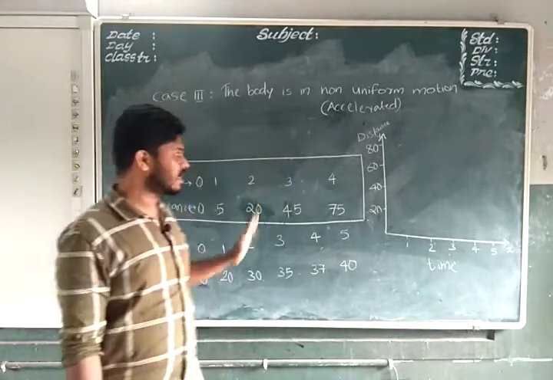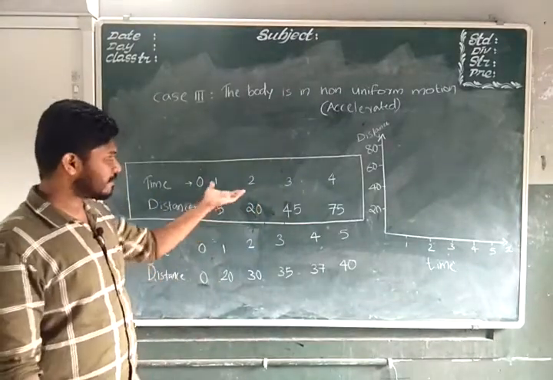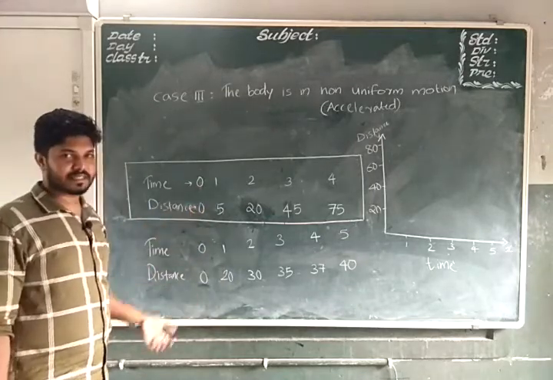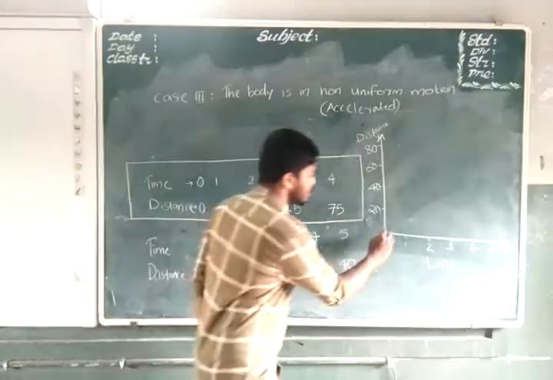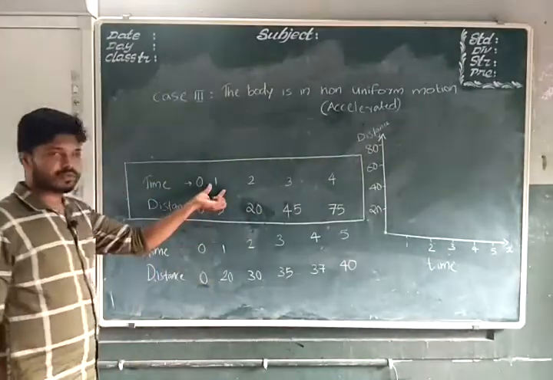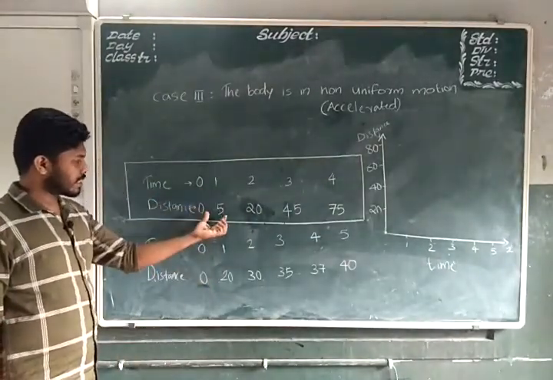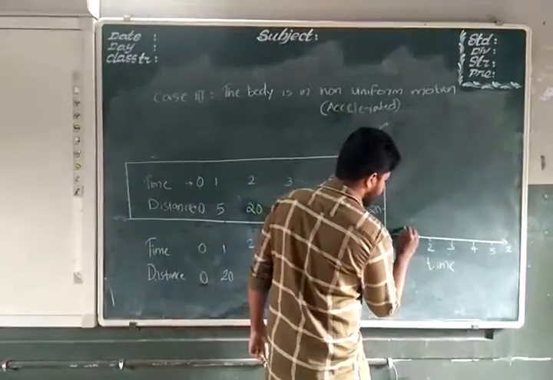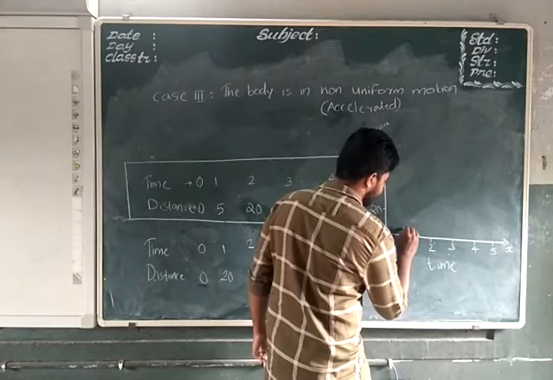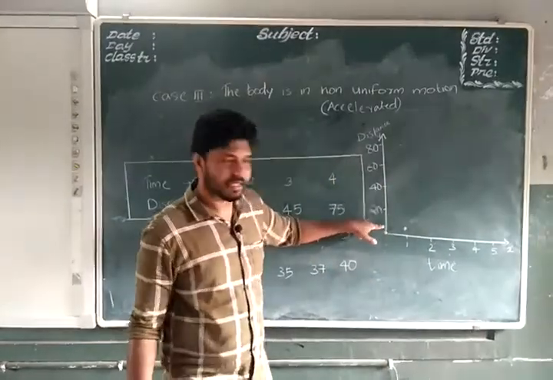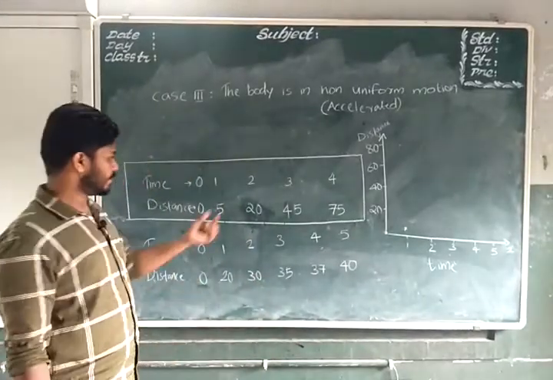Now we can discuss the graph. Let's look at the graph of this data given here. Time 0 and distance 0. So we can mark the point here, time 0 and distance 0. Now next one, time 1 second, distance 5 meters. At 1 it is 5. Let us mark here, almost here. 10 will be here, so half of 10 here. 5, we marked 5.